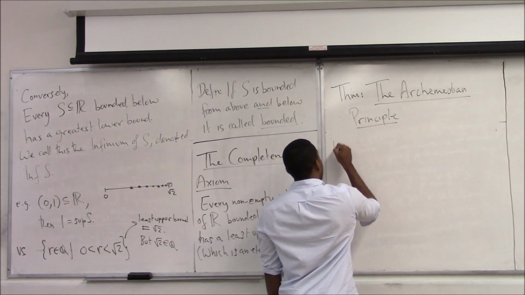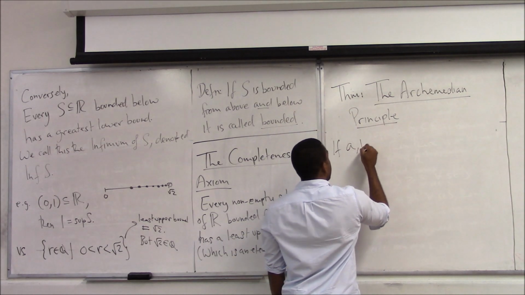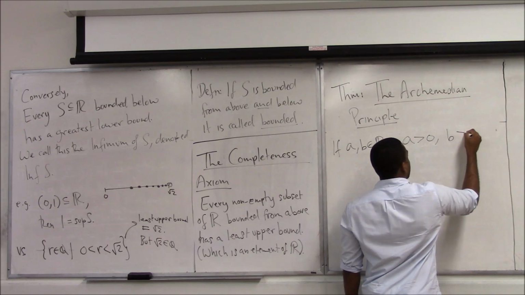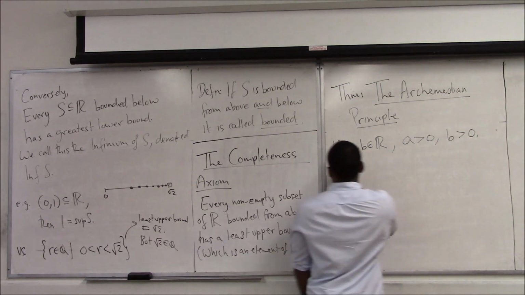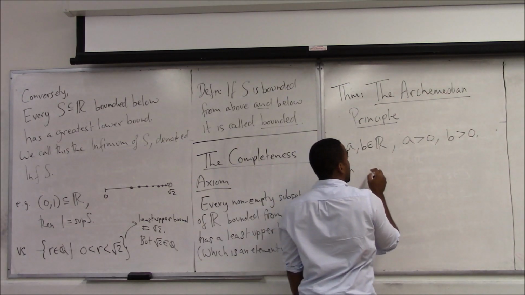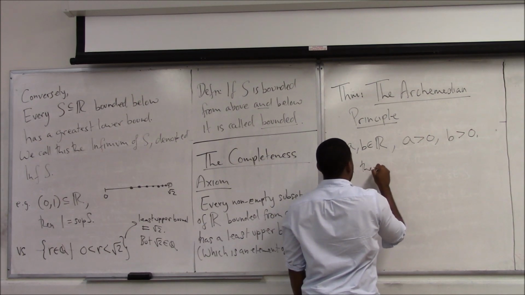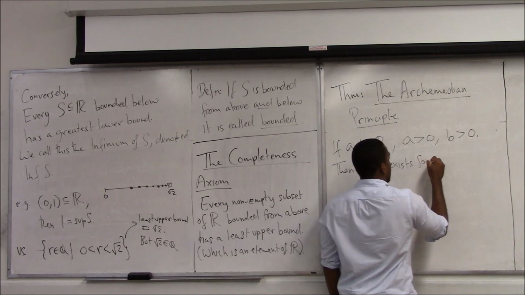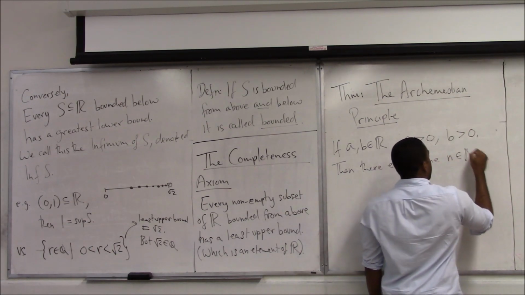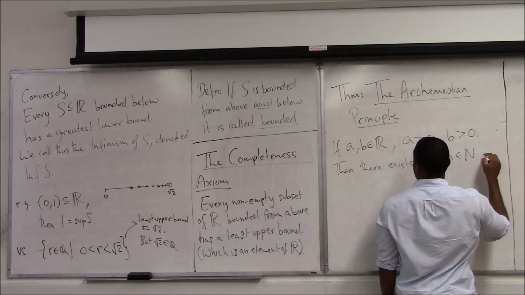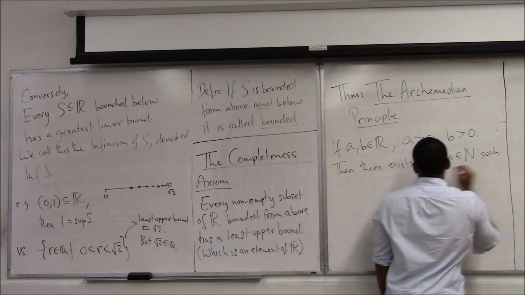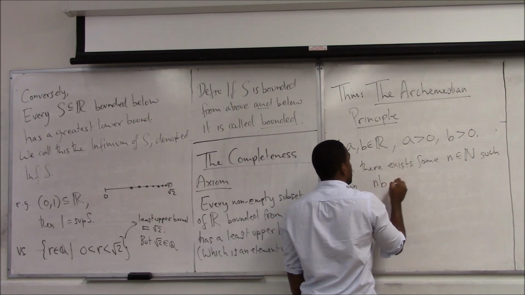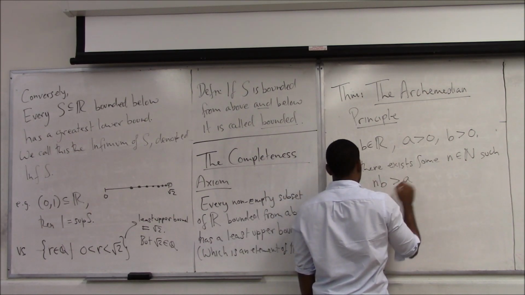Okay, so if a, b are real numbers and they're both positive, then there exists some n in the natural numbers such that if I take n times b, it will be bigger than a.